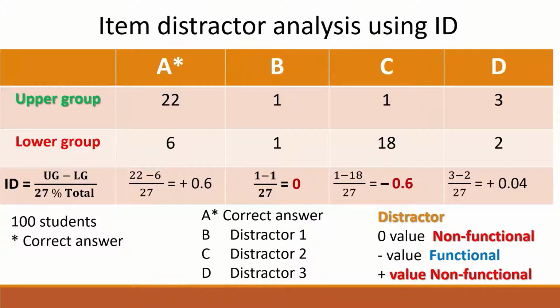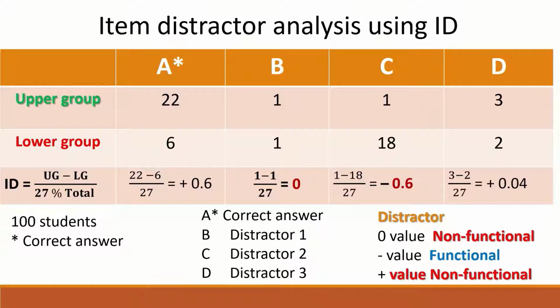To perform this analysis, the total score achieved by each of those 100 students is calculated and arranged from high to low, and based on that total score, an upper group and a lower group are generated. The upper group will have the top 27% total scores and the lower one will have the lowest 27%.